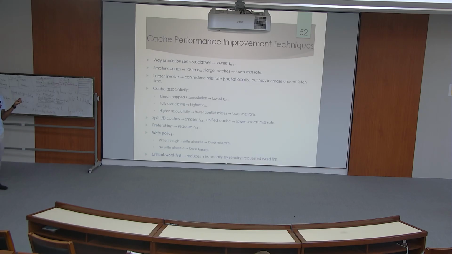Write policy. We have learned the cache write policies. Write-through allows the cache memory and the main memory to be updated at the same time for the same copy of the data. That means the cache memory and the main memory are always updated.